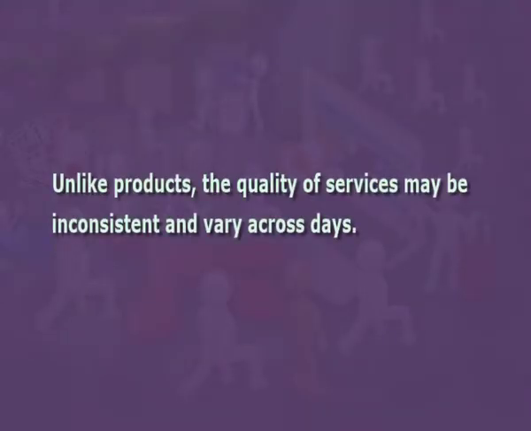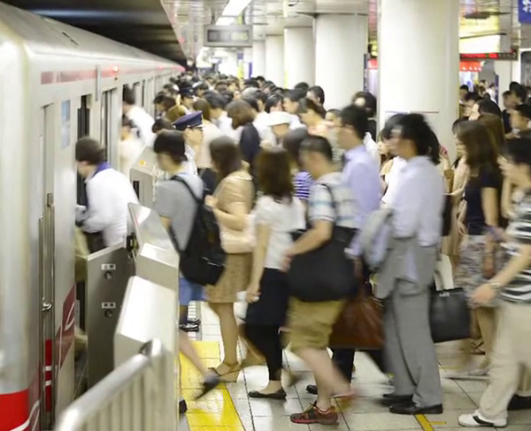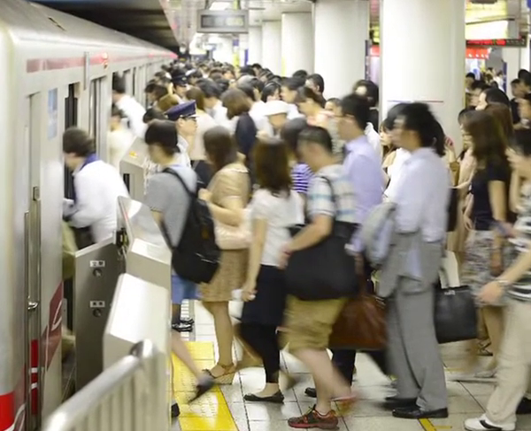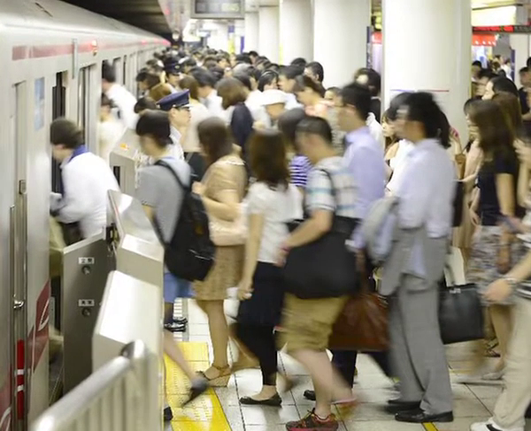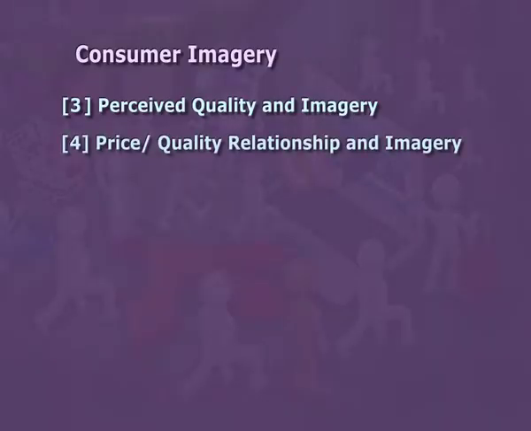Unlike products, the quality of services may be inconsistent and vary across days. For example, during peak hours or during certain months of the year, quality may be affected due to excess demand. Thus, they provide off-season discounts and rebates and also run promotion schemes in non-peak demand periods so as to streamline and distribute consumer traffic.